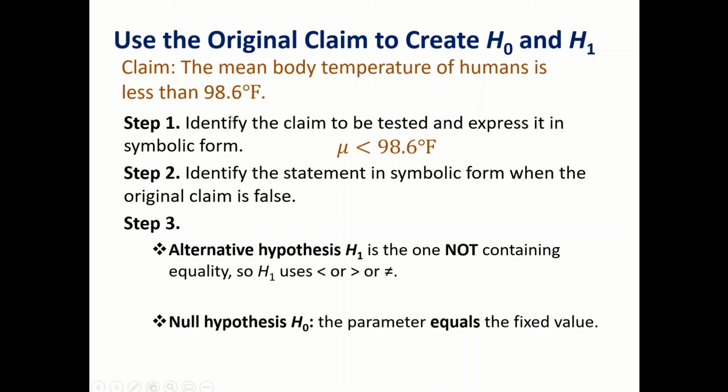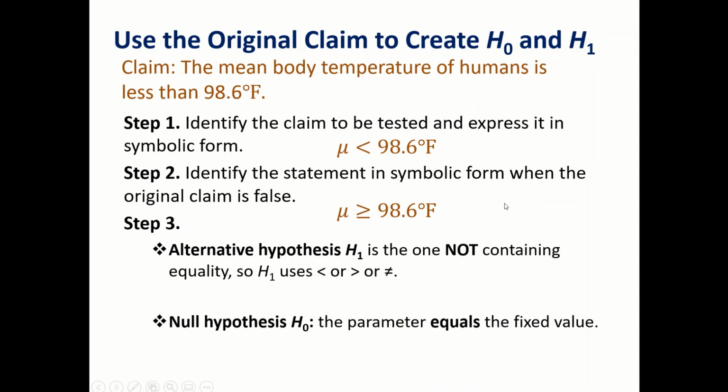Right. So now we want to write the statement that's exactly opposite to the claim we just wrote down in symbolic form. So the opposite of this statement, mu is less than 98.6 degrees Fahrenheit, will be mu is greater than or equal to 98.6 degrees Fahrenheit. Okay, so first you write down the claim in symbolic form, then you write the opposite statement in symbolic form, and then you look at these two.